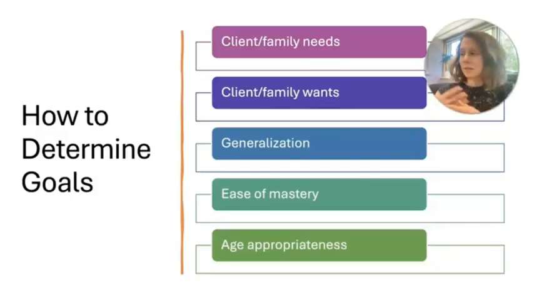Again, oftentimes, if we're working with kids, the family is going to have a great deal of input into the treatment plan, and there's going to be clear needs that the family may have in terms of communicating with their child. For example, maybe Sammy's a 5-year-old who isn't being understood when he talks on the phone with his grandparents. And so maybe a functional goal or want of the family and the client is that they develop some strategies to better communicate with grandma.